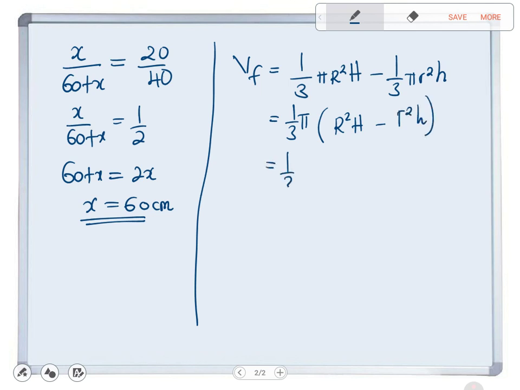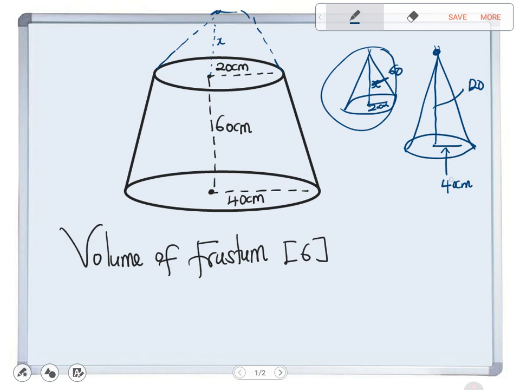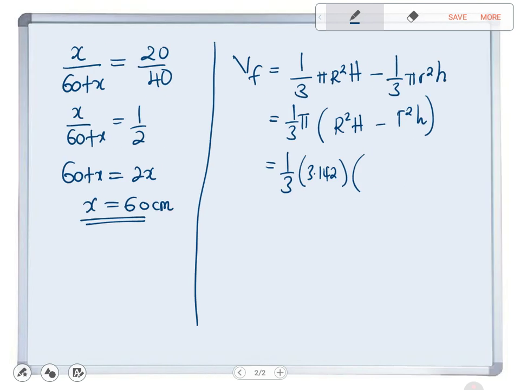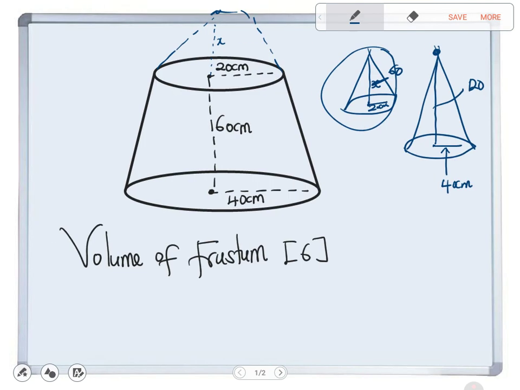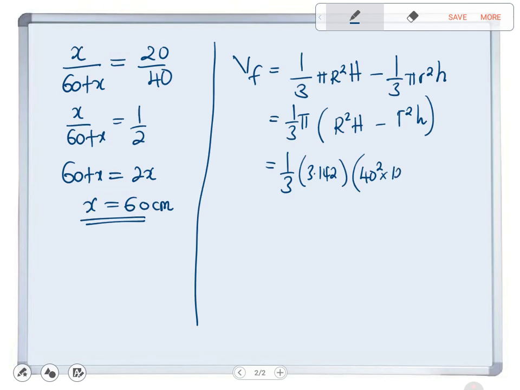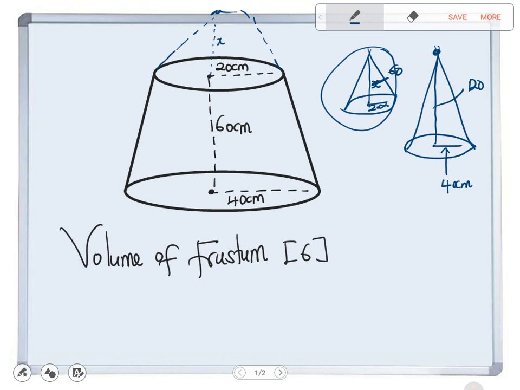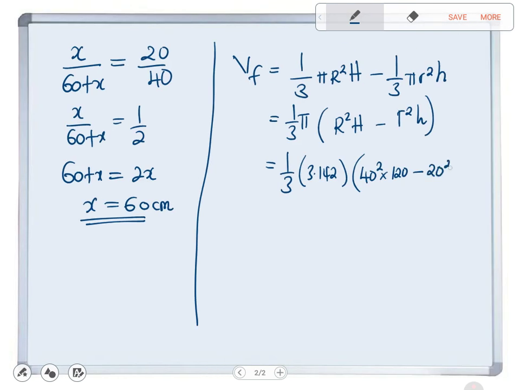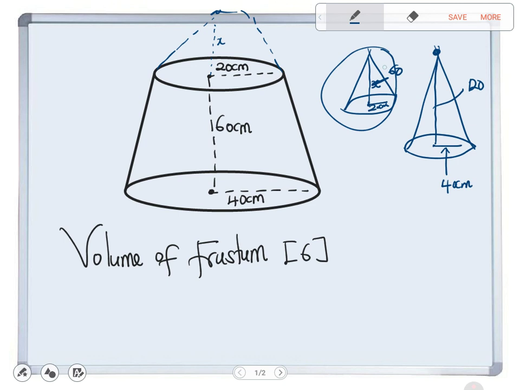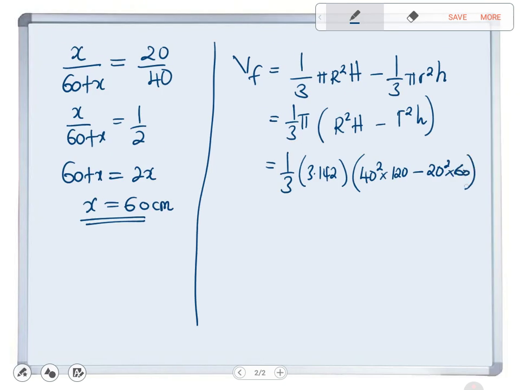Putting everything together, our pi will be 3.142. Our capital R is the bigger radius here, which is 40, so we put 40 squared. Then that 40 squared is being multiplied by what? Capital H, which is 120. Minus small letter r, which is 20, squared, and that is being multiplied by small letter h, which is 60. Then the rest is just punching on the calculator.